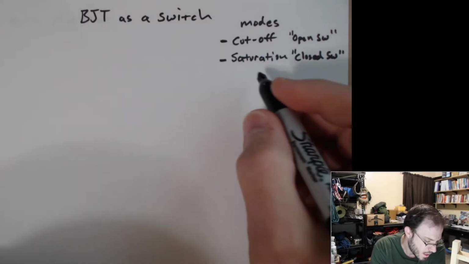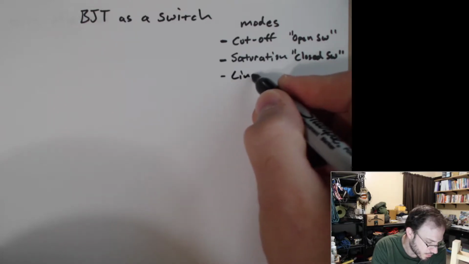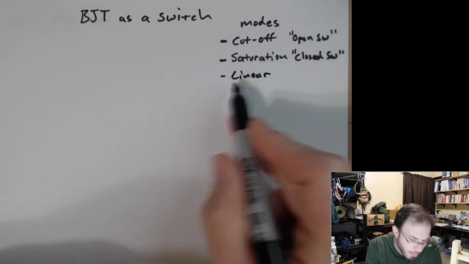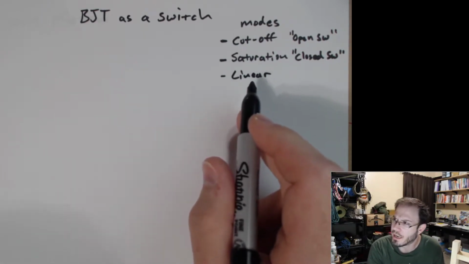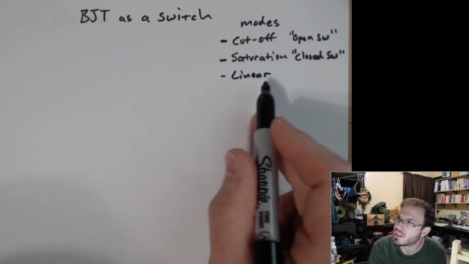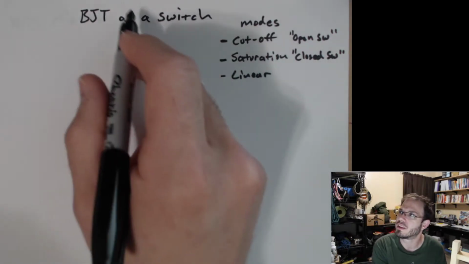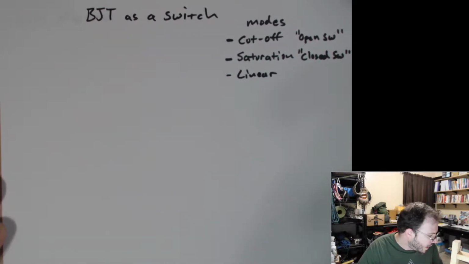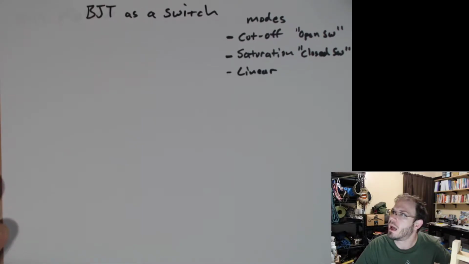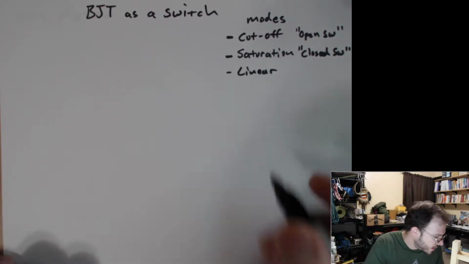Now, the last mode is linear, but we're not going to be operating the transistor within this region of linear operation for the sake of using it as a switch. So let's go ahead and set up a circuit here that uses a transistor as a switch.